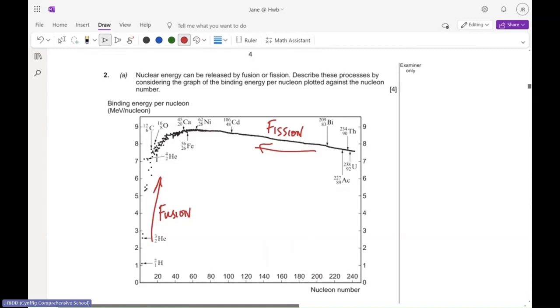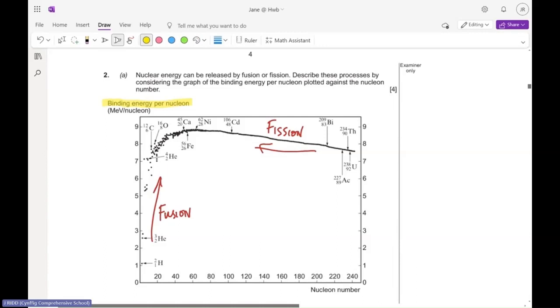There's what we call a mass defect. The mass goes down. The loss in mass is then released as energy, and that causes an increase in the binding energy that holds the nuclei together. Now, binding energy per nucleon is also a measure of stability. So to increase the binding energy per nucleon is to also increase the stability of the nuclei that we have.